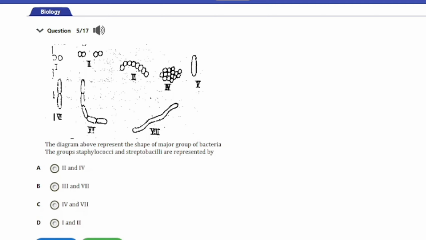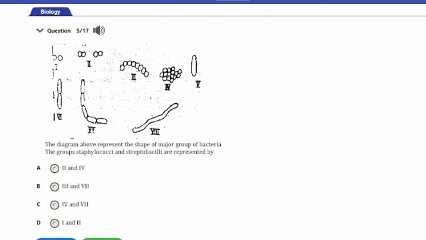Bacilli is a rod-shaped bacteria, so you can see a single bacillus at V. But when they join end to end this way, that is the strepto form, and when you have bacilli in the strepto form, that's streptobacilli. You can also have streptococci like the one seen in III. So you just have to understand the naming pattern for all the bacteria forms.